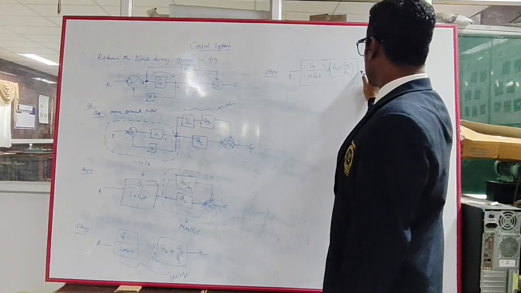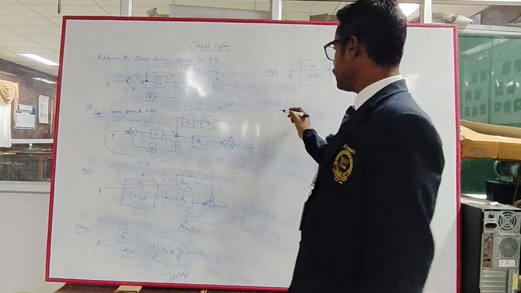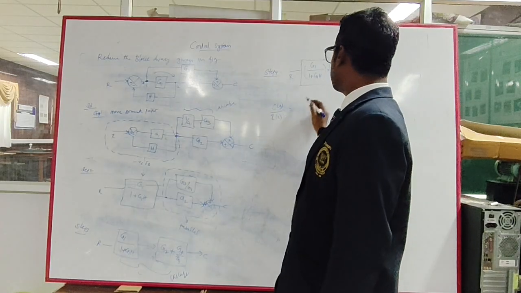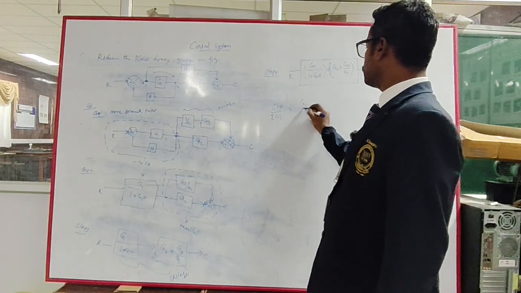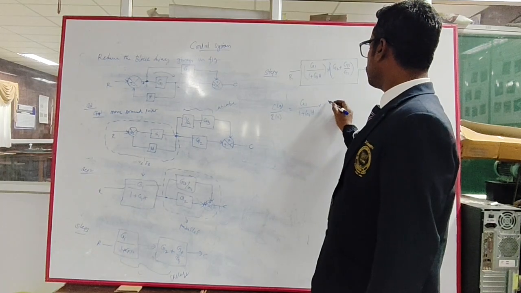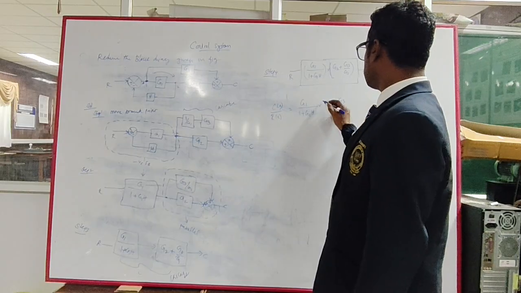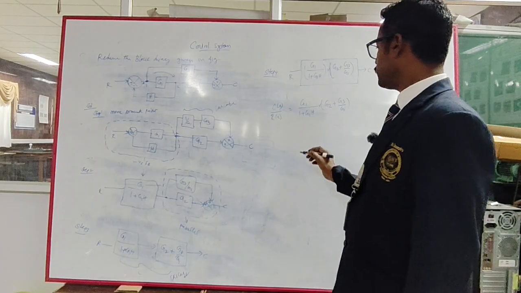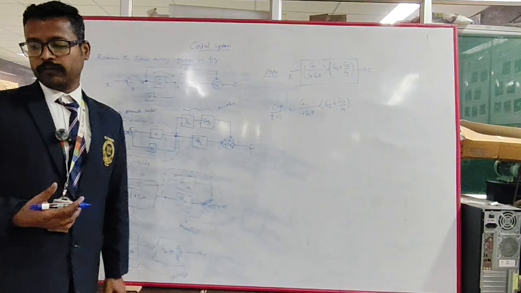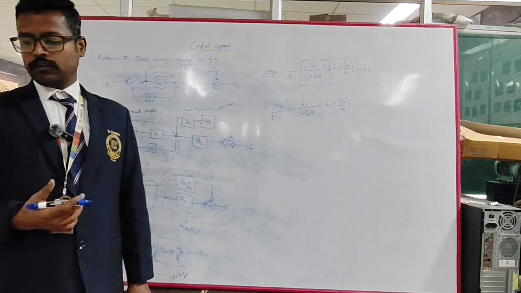A simple block diagram with C. Now we can represent it in an equation: C of S by R of S equals G1 divided by 1 plus G1H, into G2 plus G3 by G1. If you multiply, you can get the finalized output, or you can simplify this one, or without simplifying we can also forward it.